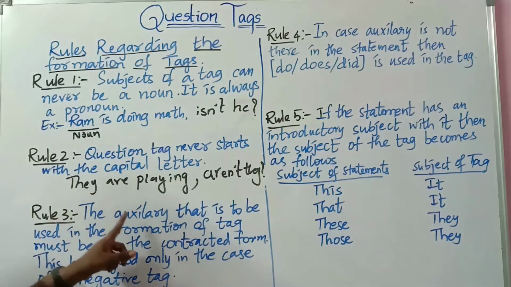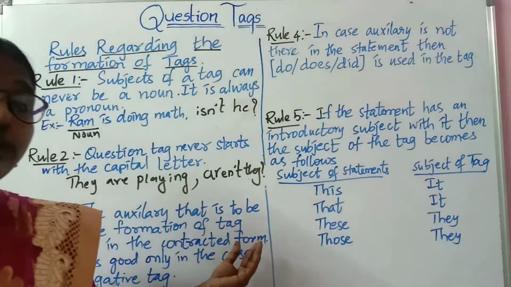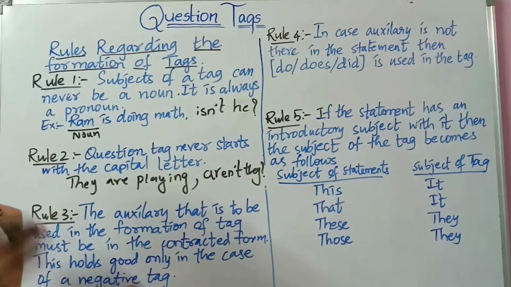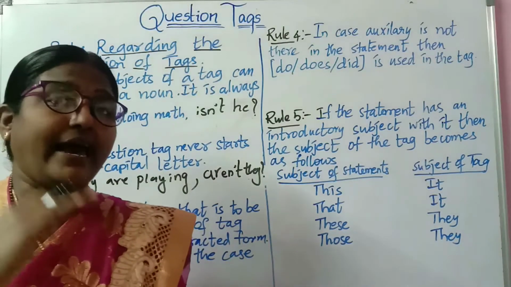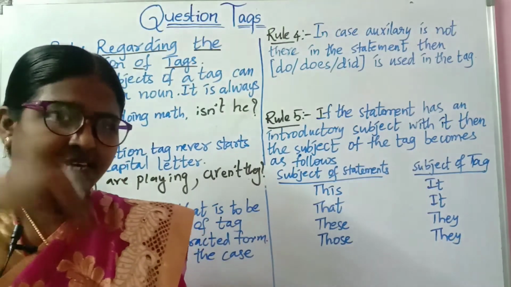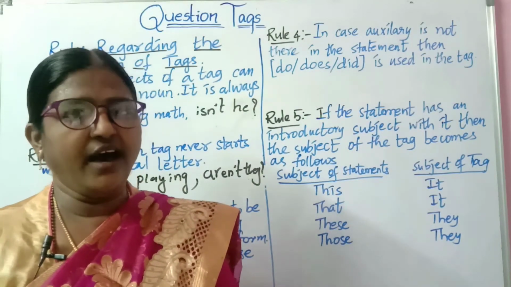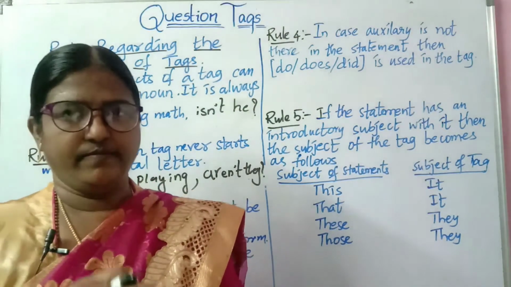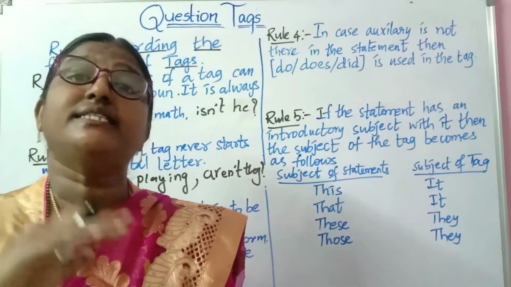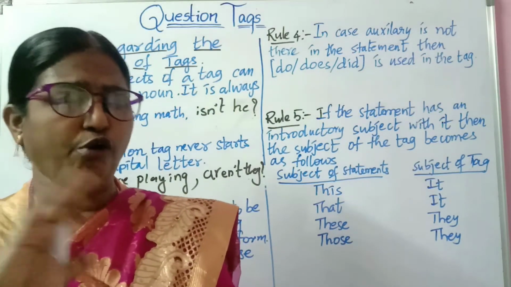Third rule. The auxiliary that is to be used in the formation of a question tag must be in contracted form, and these contracted forms we have to use with the negative question tags. Aren't they? Isn't she? Don't write is not. No full forms.